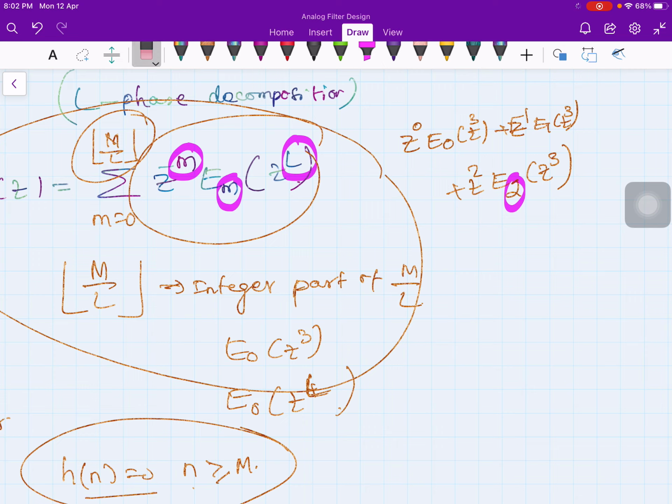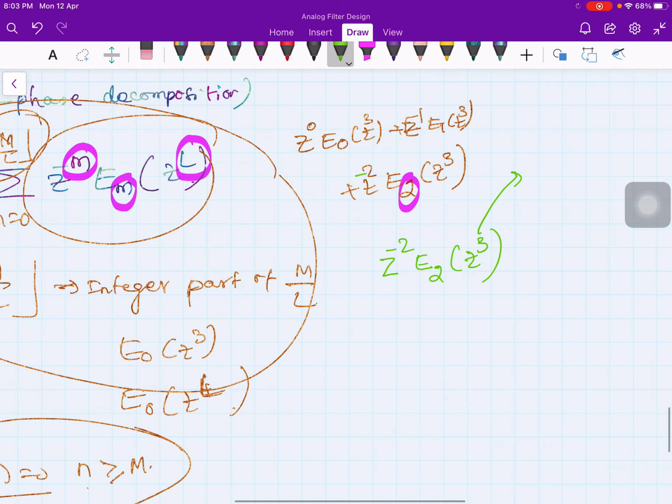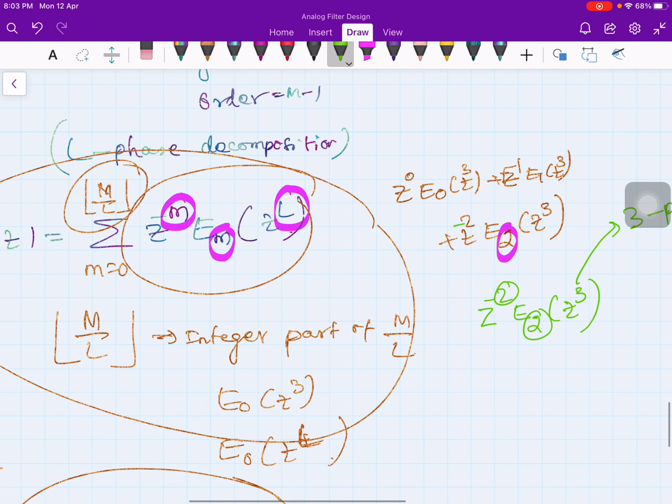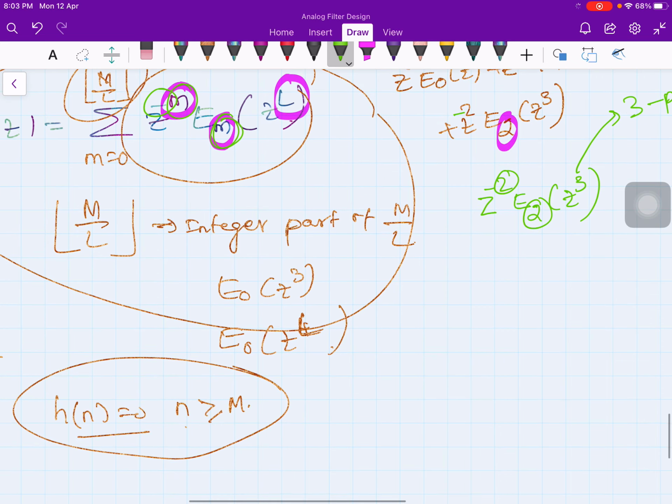I'm sorry, this is minus 2 actually, z to the minus 2. So z to the minus 2 E suffix 2 of z cubed, and this 3 indicates three-phase decomposition, and this subscript and this power should be the same. That is why I put this suffix as m and power also m, but there should be a minus. Okay, you should be very careful.